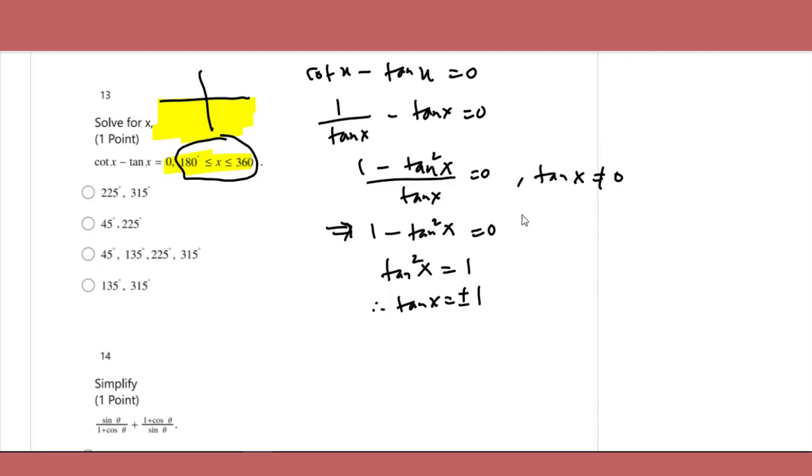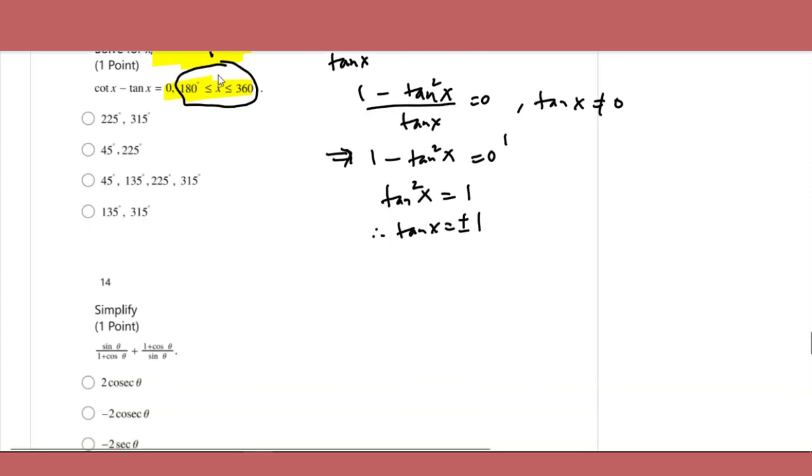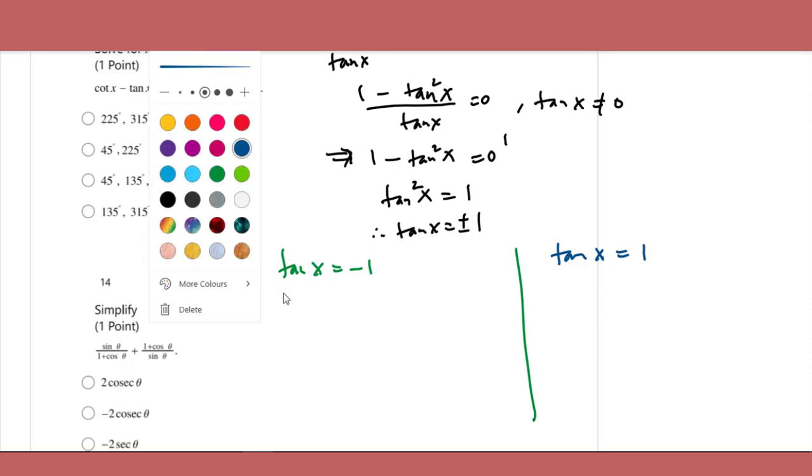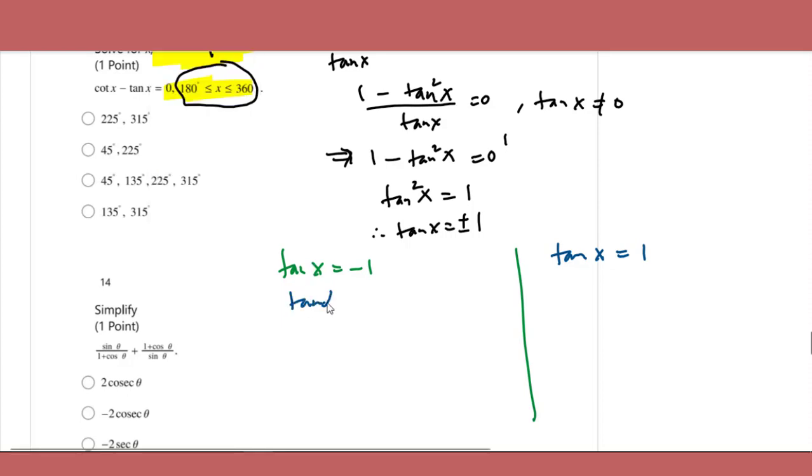For the first case, tangent x is equal to negative 1. The second case is tangent x is equal to 1. Then find the basic angle and use it to find x. Let tangent alpha, the basic angle, be equal to 1.